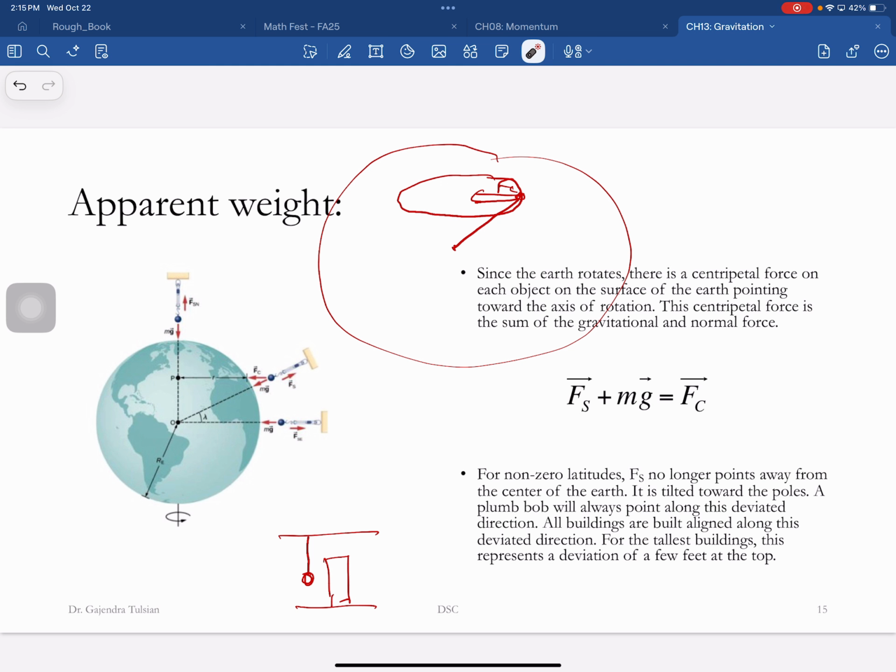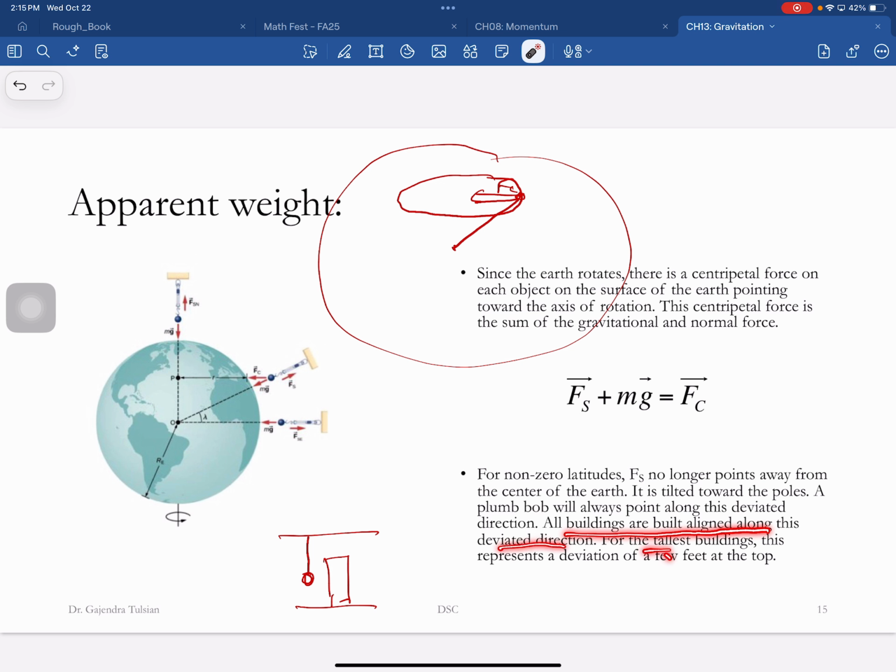In fact, for non-zero latitudes, Fs is no longer pointing away from the center of the Earth. This force is tilted towards the North Pole. It's tilted towards the pole. A plumb bob will always point along this deviated direction. All buildings are built aligned along this deviated direction.